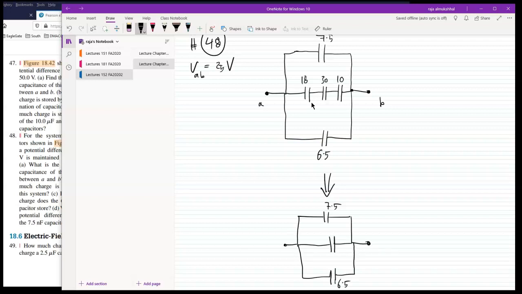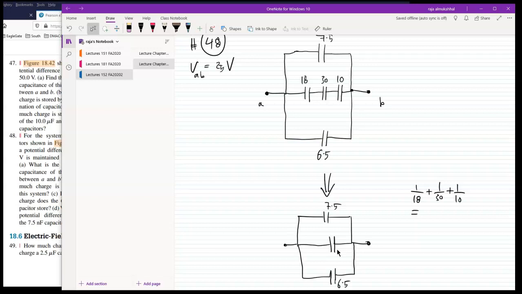Now the question is, what is the equivalent capacitance of this combination here? I put it on the side right here. It's basically 1 over 18 plus 1 over 30 plus 1 over 10, and you want to calculate that. I already have an answer because I did this problem right before I made this video.